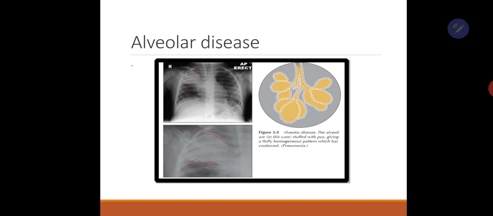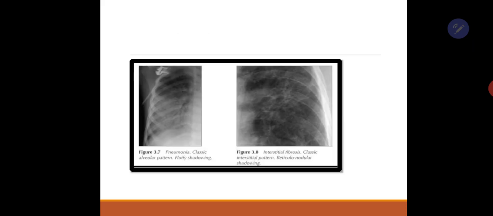You can make out the abnormality, and such a feature is seen in pneumonia, where pus is filling the alveoli. You can see the classic alveolar pattern, fluffy shadowing, which is seen in pneumonia over here.